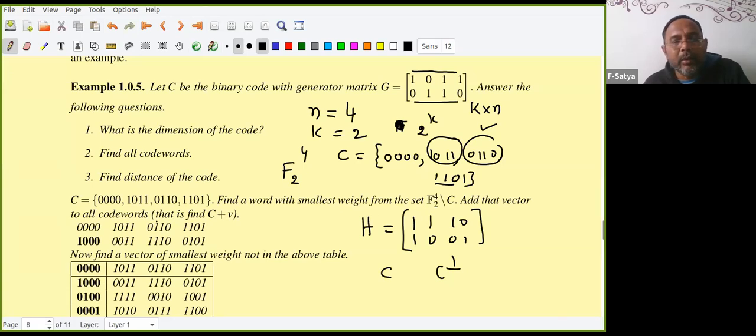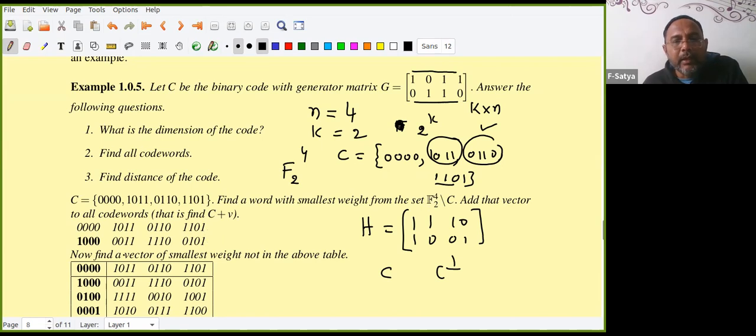Okay, add that to all of the code words. That is, this 1 0 0 added to all of them, right? I'll get the second column. Now, have all the words of F2 power 4 come? No, because in total there are 16. Till now I got only 8. Now again, what do I do? I will look at everything collected till now.